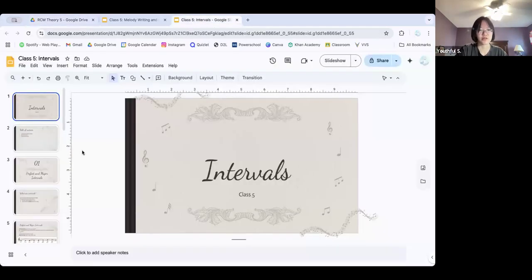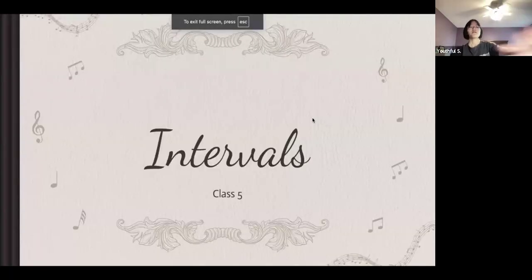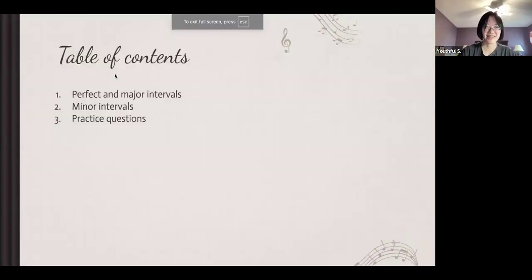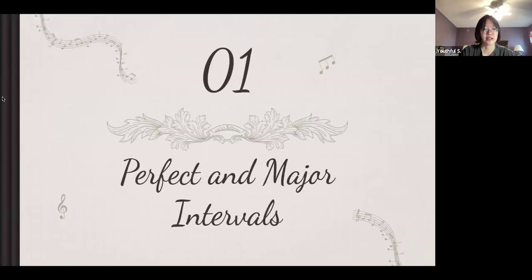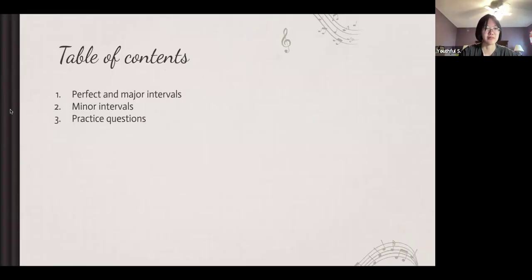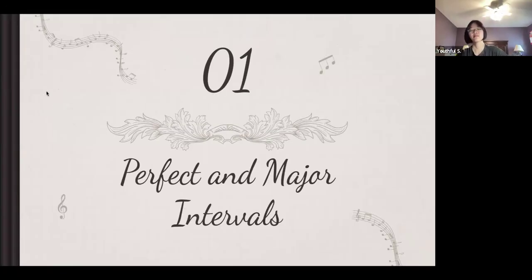Okay, on to intervals. I know you guys all love intervals, right? Okay, so keeping it pretty simple once again: perfect and major intervals, then minor intervals, and then some practice.